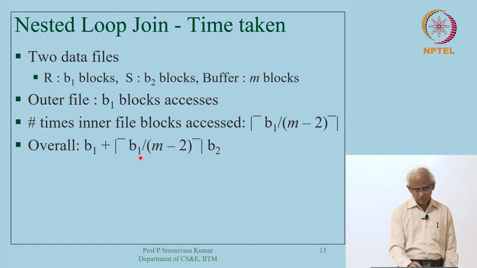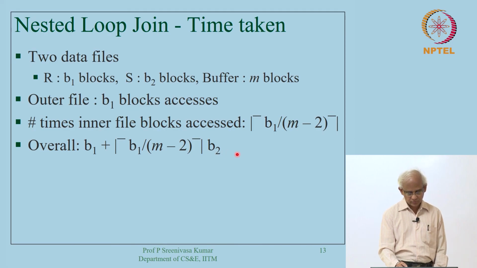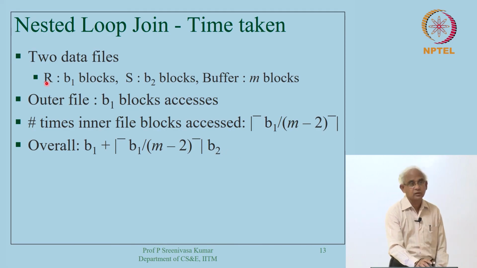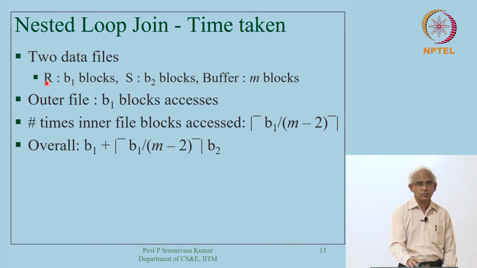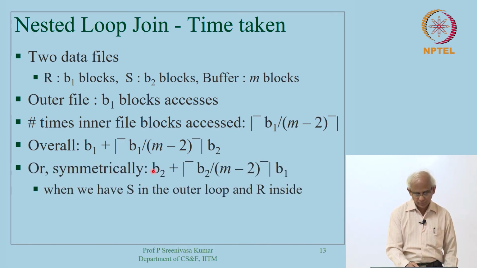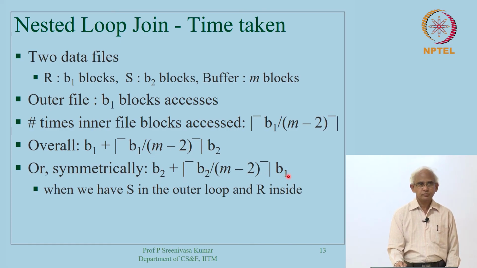So overall it is B1 plus this many times, and there is nothing great about keeping R in the outer loop and S in the inner loop. We can switch them, and symmetrically you will get B2 plus B2 divided by M minus 2 times B1.